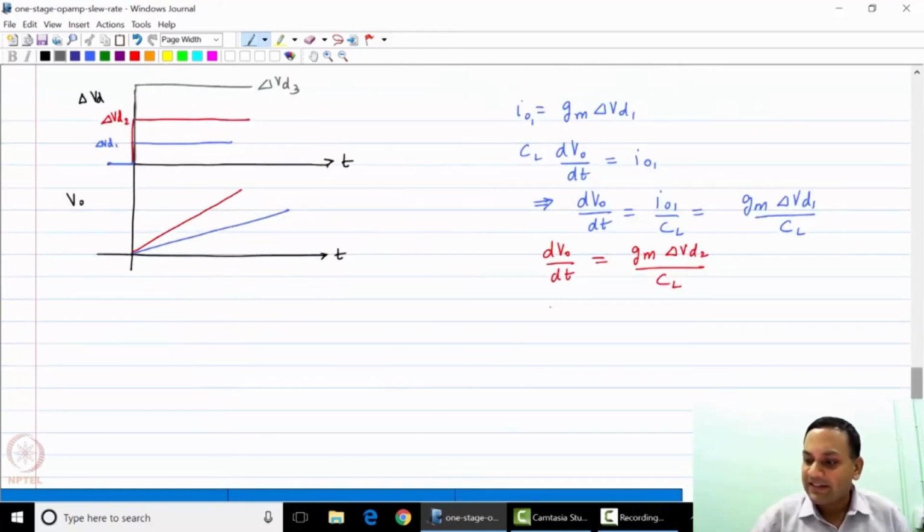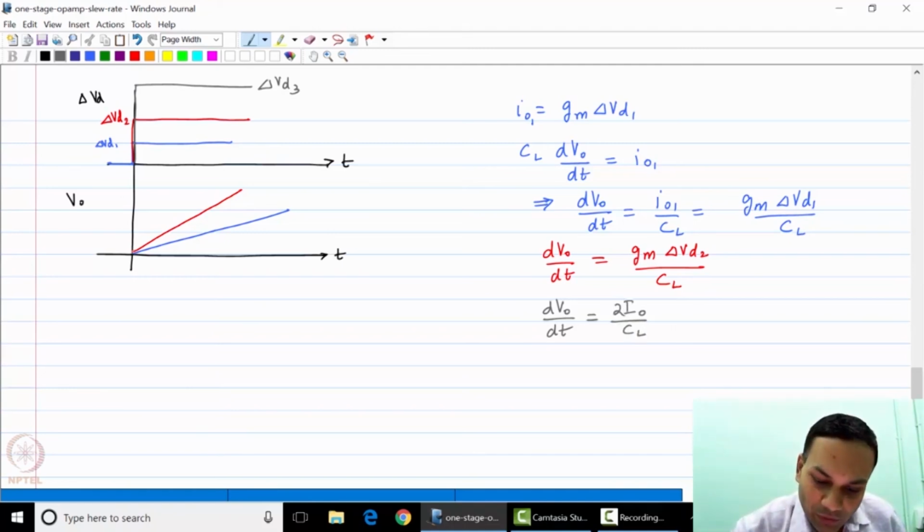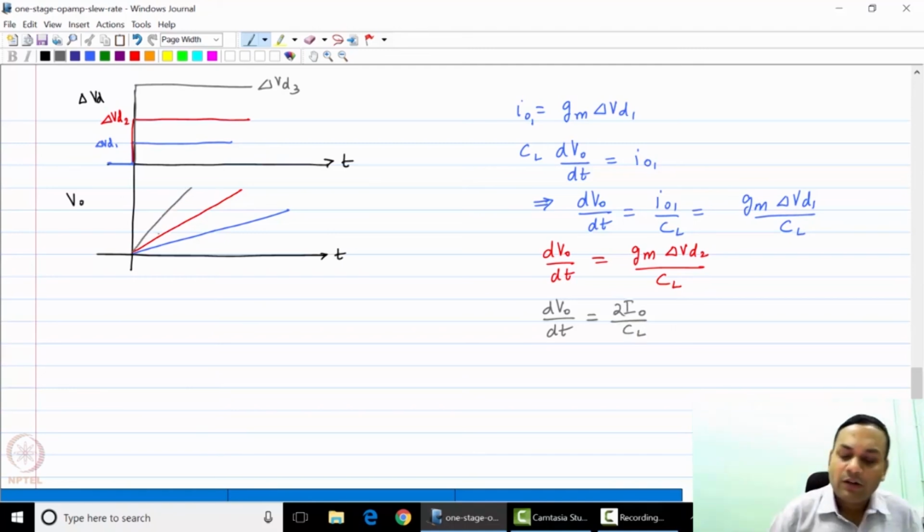Now please note that in this case dVO by dt no longer depends on delta VD, it is simply 2I0 over CL. So this ramp would rise at the rate of 2I0 over CL.